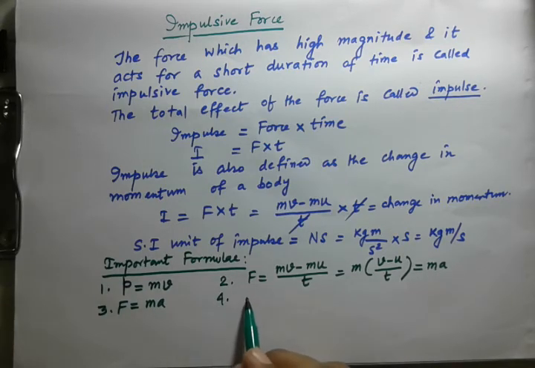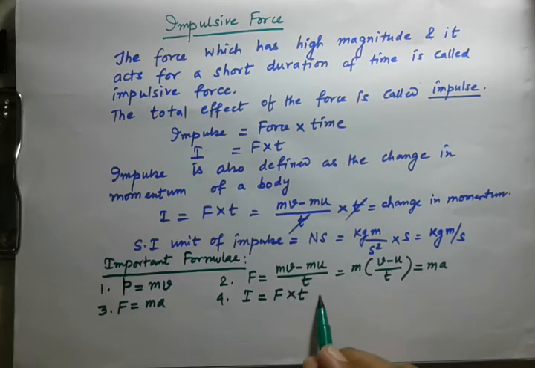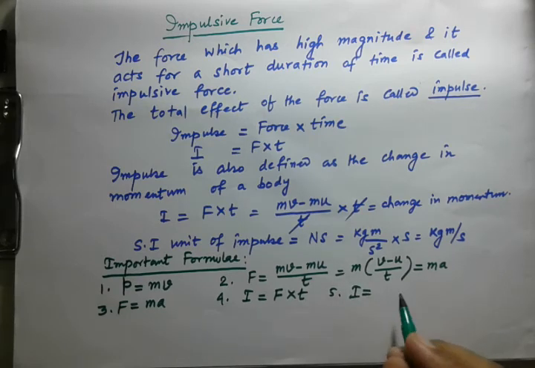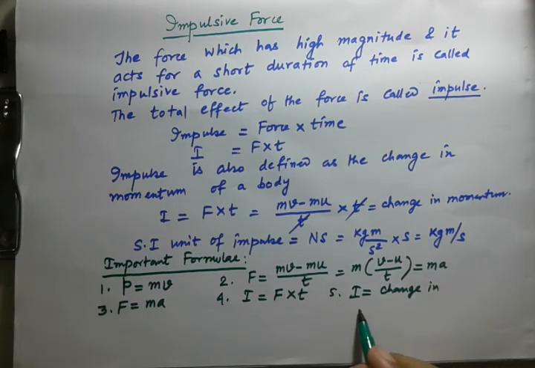Fourth one, I is equal to F into T, impulse. I is impulse. Also you can write, fifth, I is equal to change in momentum, equal to mv minus mu.